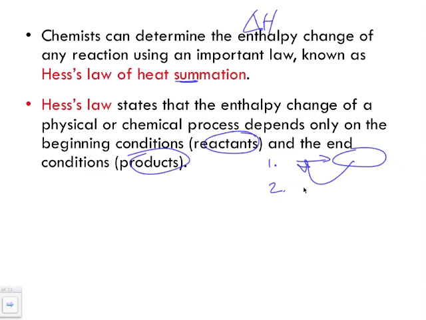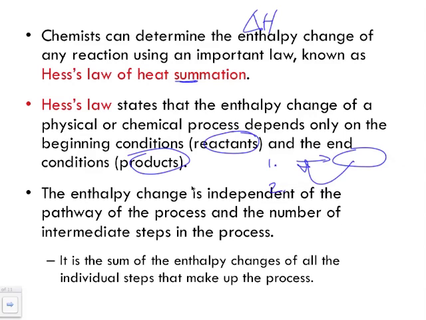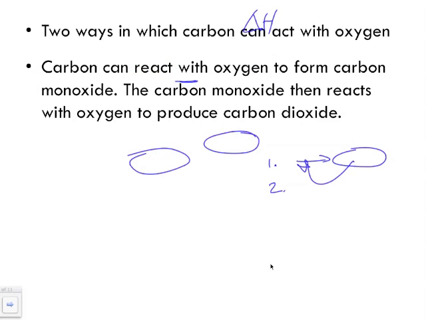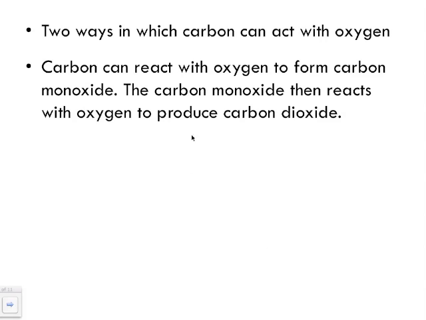So what we're going to be looking at are multi-step equations that can occur in certain types of reactions. The enthalpy change is independent of the pathway of the process, as we're going to see in just a second, and the number of intermediate steps in the process. So what we're looking at is really the sum of all the enthalpy changes of all the individual steps that make up this process.